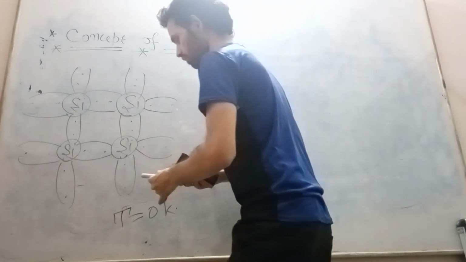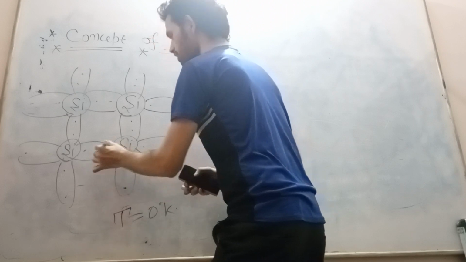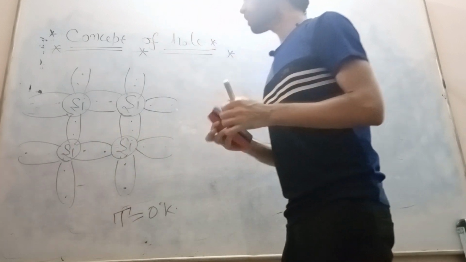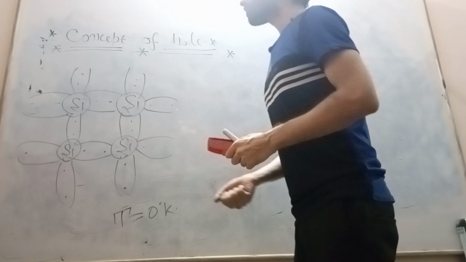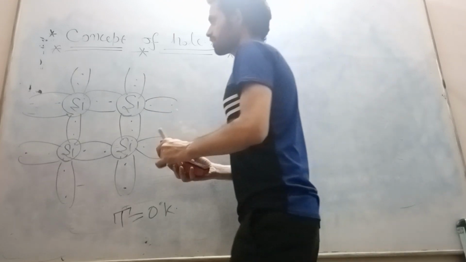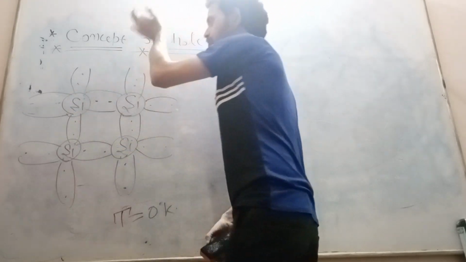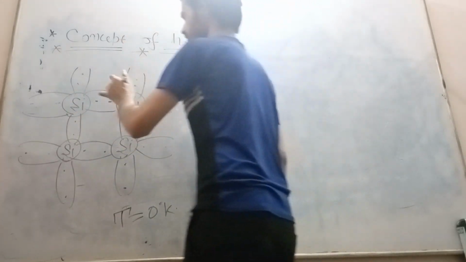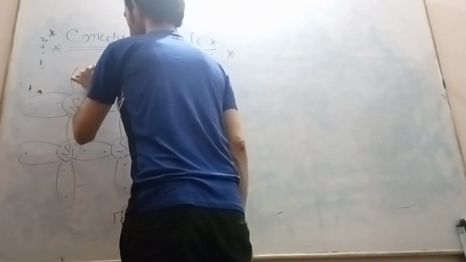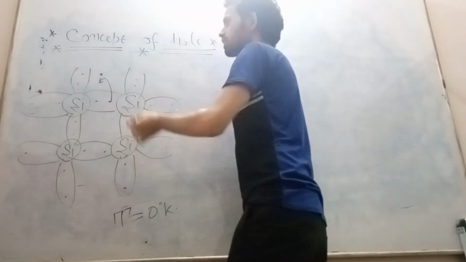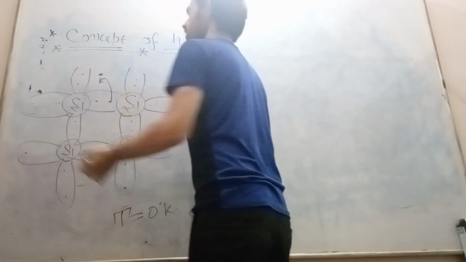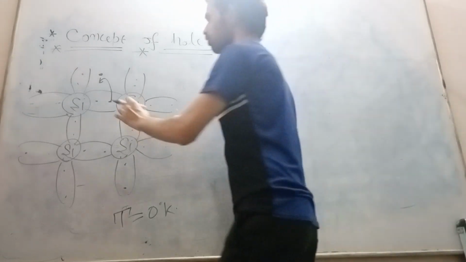The valence electrons participating in the covalent bond will gain some thermal energy, break the covalent bond, come out of the bound state and jump into the conduction band. Here conduction band means the interatomic space.